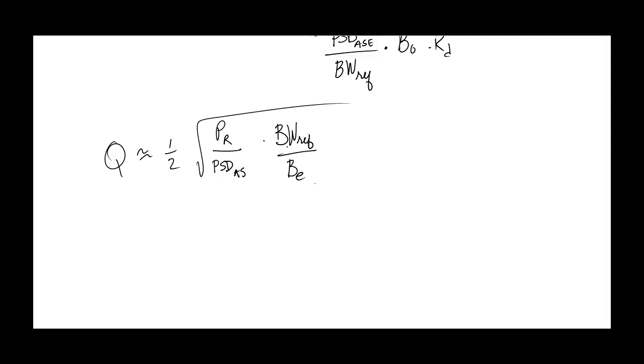And in the homework, we're given that the PSD of the ASE is minus 35 dBm in a reference bandwidth of 0.1 nanometers, or the equivalent of 12.6 gigahertz.